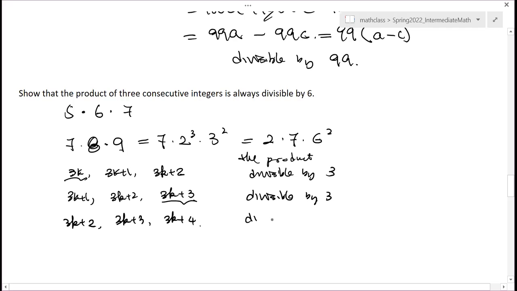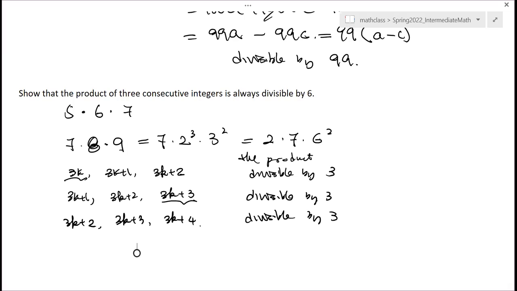And again, it's divisible by 3 because there's always a number among the 3 consecutive integers which is divisible by 3, a multiple of 3.